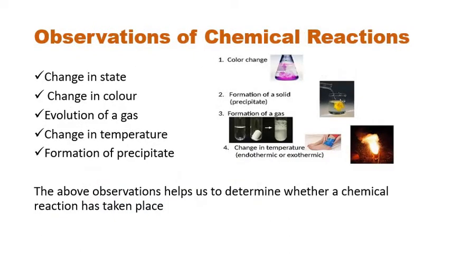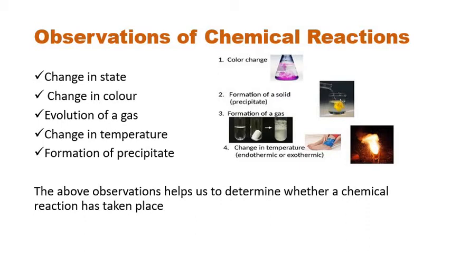Now, observations of chemical reactions, or features or signs of a chemical reaction. Number one, change in state. In the earlier slide, we saw an example where solid zinc reacts with aqueous sulfuric acid to give zinc sulfate, which is aqueous, and hydrogen gas is liberated.